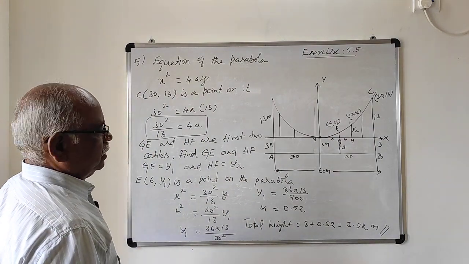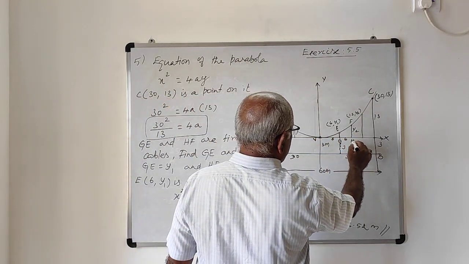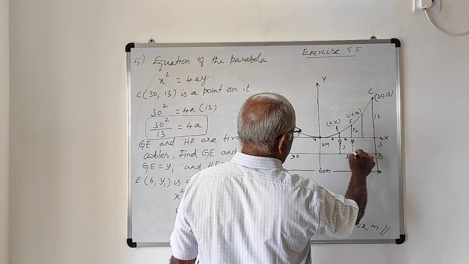Similarly, for the second cable HF, the roadbed height is also required.